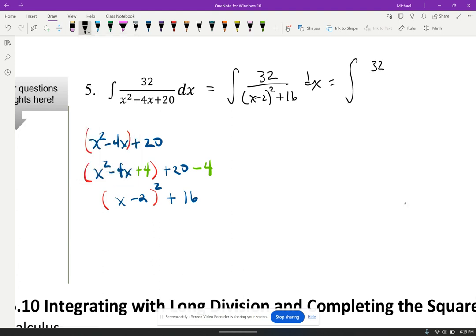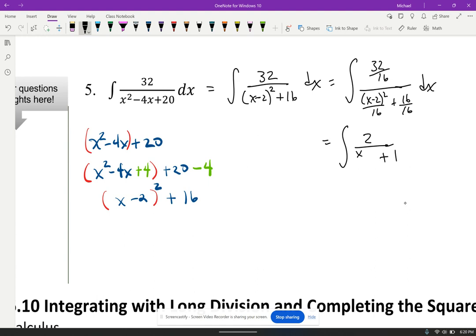So it'll look something like this. Divide by 16, x minus 2 squared divided by 16, plus 16 divided by 16. Now, in your head, you can probably do this. You don't have to show it. But I wanted to show you how I'm going from here to the next step, which is going to be 2 over x, well, let me do this part, plus 1, right, which is what I wanted.